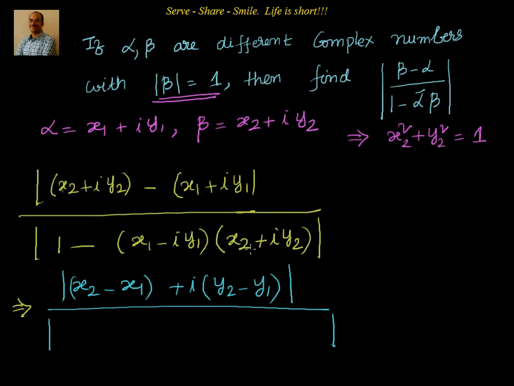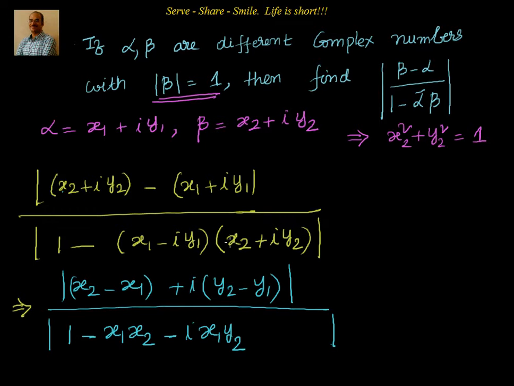Now what will be the next step for this? The next step will be, we have to simplify the denominator. So it will be 1 minus, let me write it down, x1 x2, then afterwards minus x1 into plus i y2. So can I say minus i x1 y2?